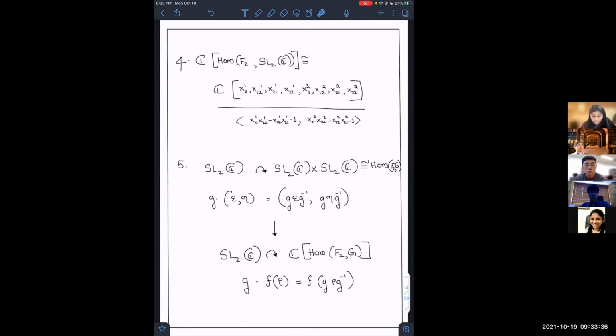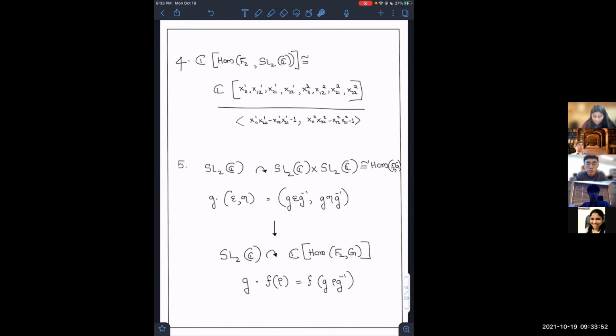So this is the coordinate ring for this variety structure on SL2C squared.